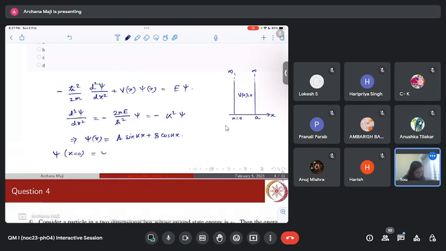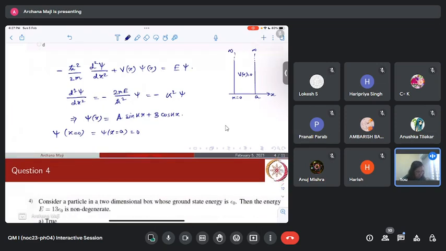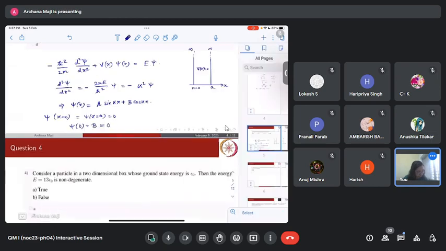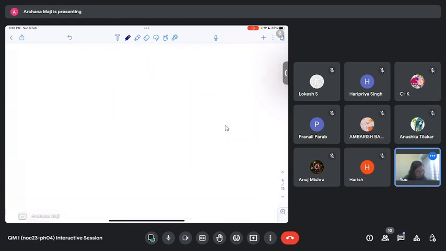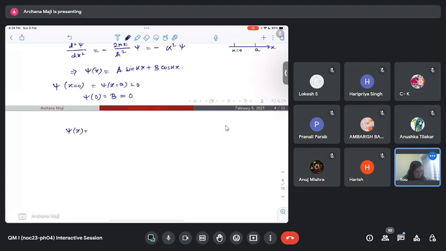If we take x equal to 0, then we get b has to be 0, and so the wave function becomes a sin kx. Moreover, at x equal to a it has to be 0, and that implies sin ka should be sin of some integer multiple of pi.